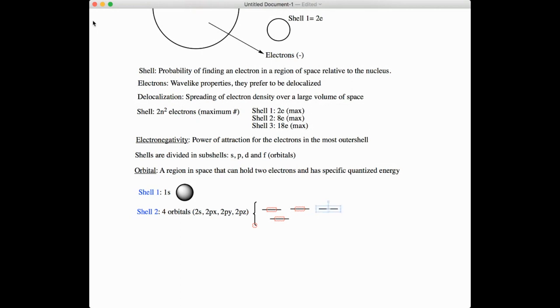Now the 3 p orbitals have the same energy. Let me draw this correctly. So the 2s orbital is going to be, as I said, slightly less energetic as compared to the p.